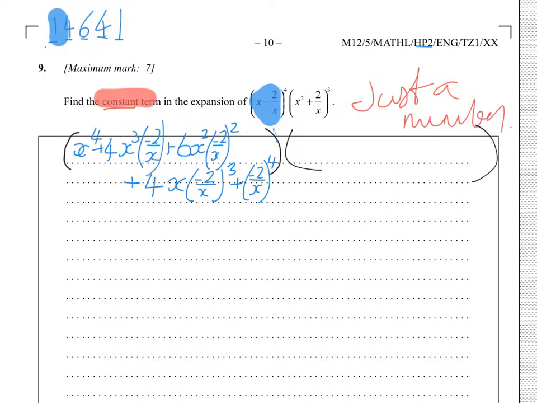So, if we take each of these in turn, the x to the 4 is going to be x to the 4 once it's evaluated. This one, which I'll highlight in yellow, x cubed divided by x is going to be an x squared.